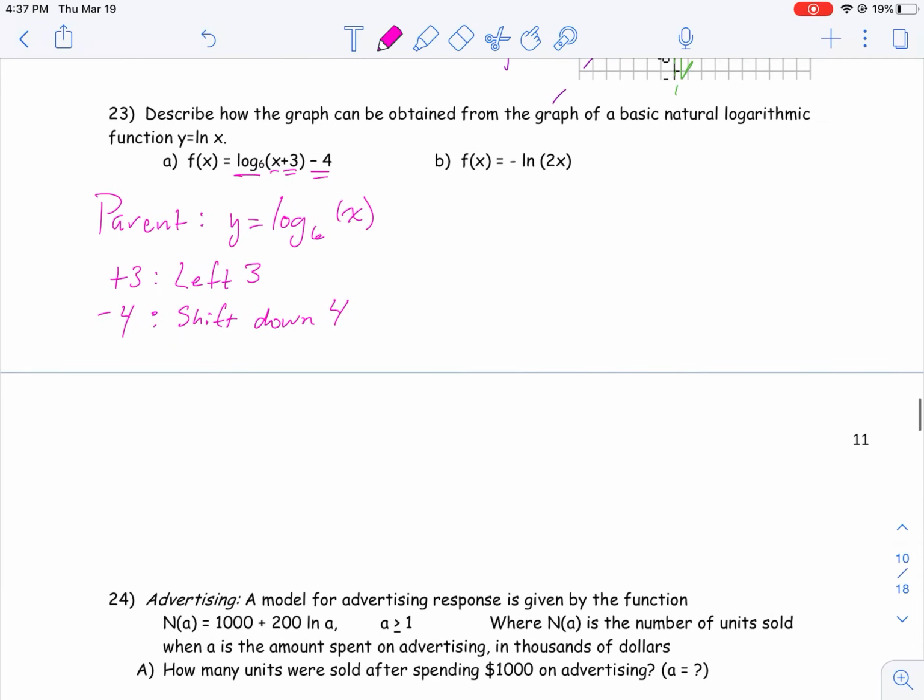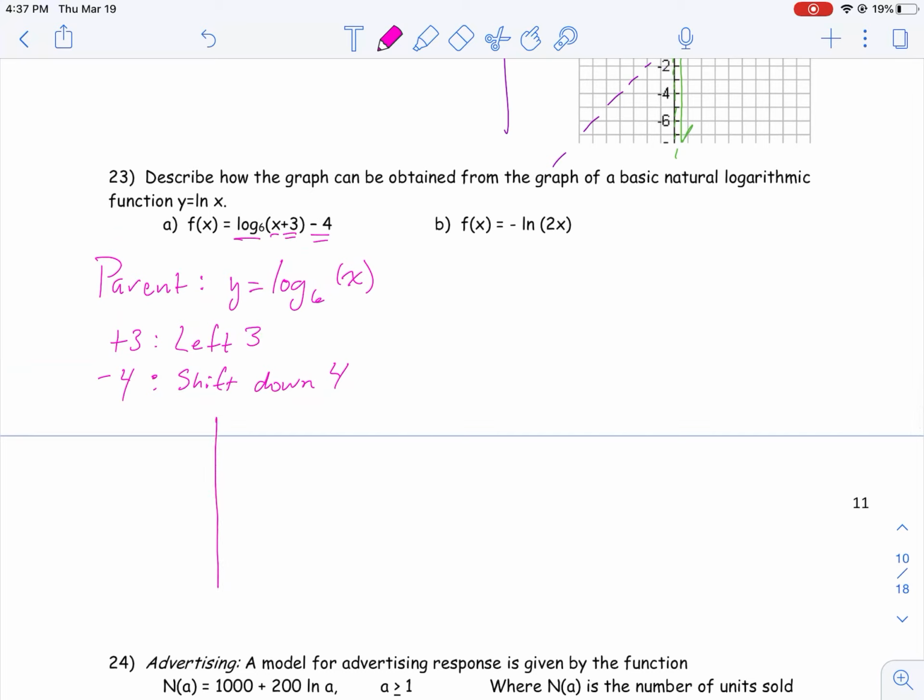So if I was going to do a quick sketch of this graph, I would draw the x and y axis. I know normally I've got a vertical asymptote for my logarithm, and I have a point at 1, 0.